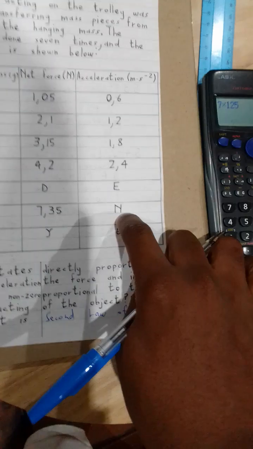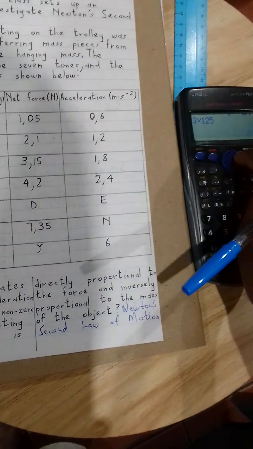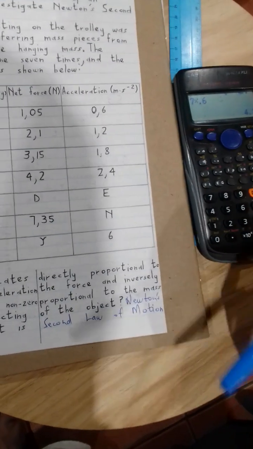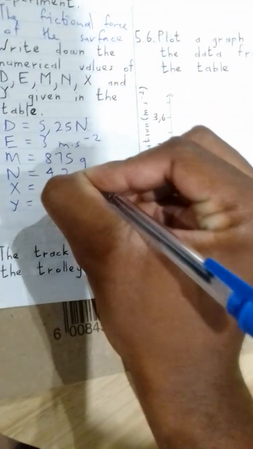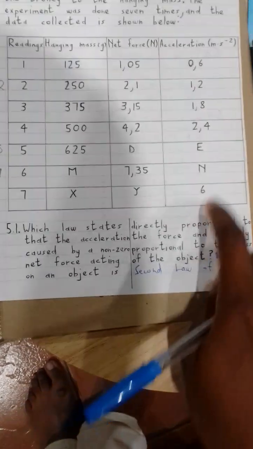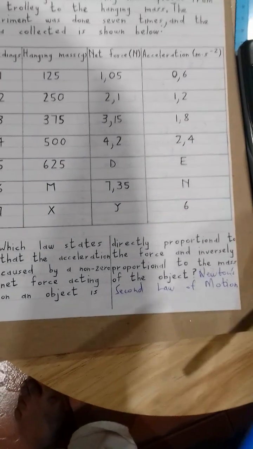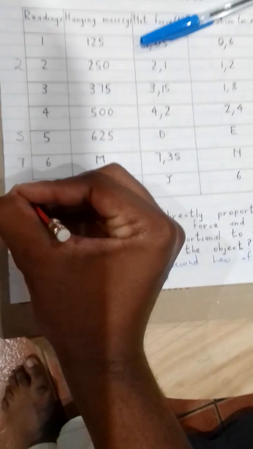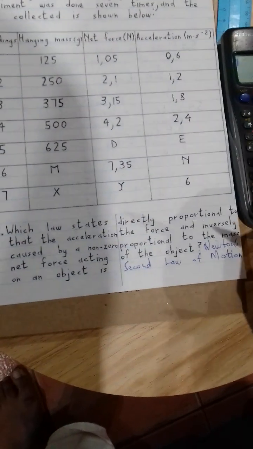N. 7 times 0,6. 4,2. 4,2 meters per second squared. X and Y. Then we are given that the acceleration is 6. 6 divided by 0,6. It's 10. The multiplication factor is 10. So 10 times 125.